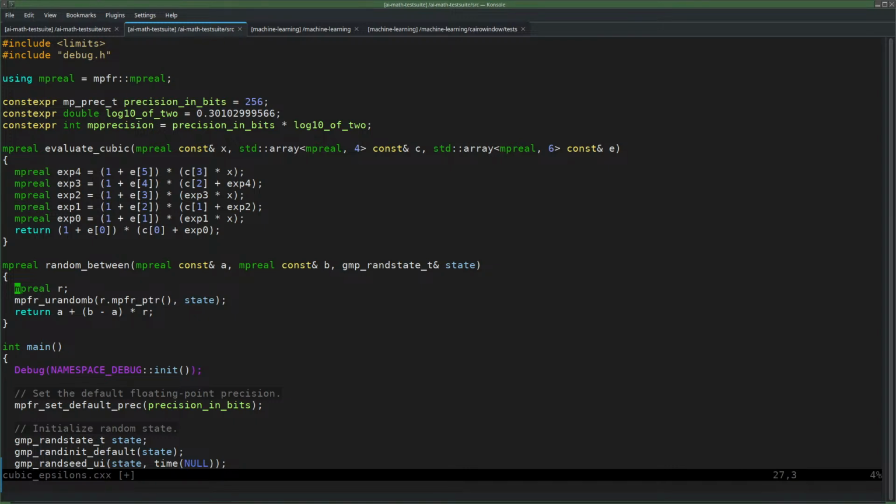I guess this part, just this is what defines that it is a cubic. Nothing else.